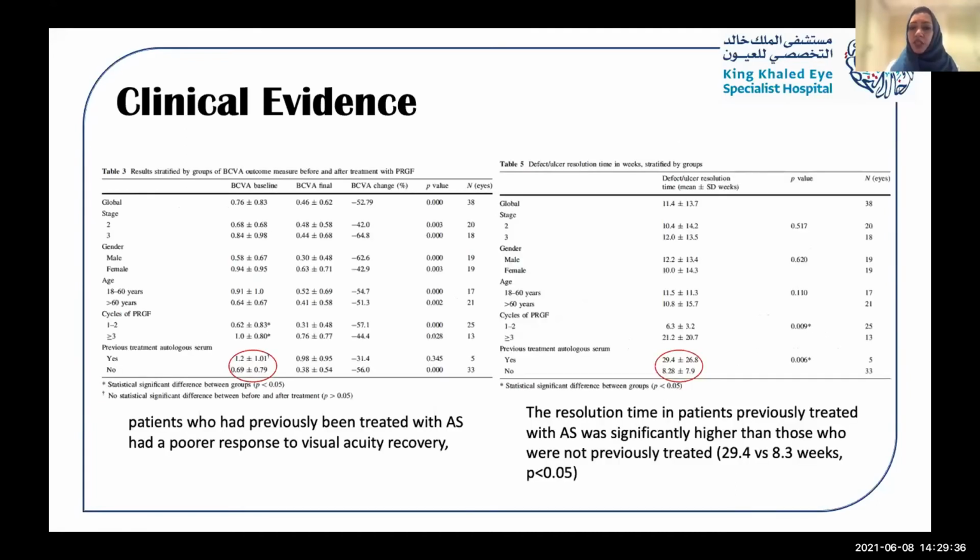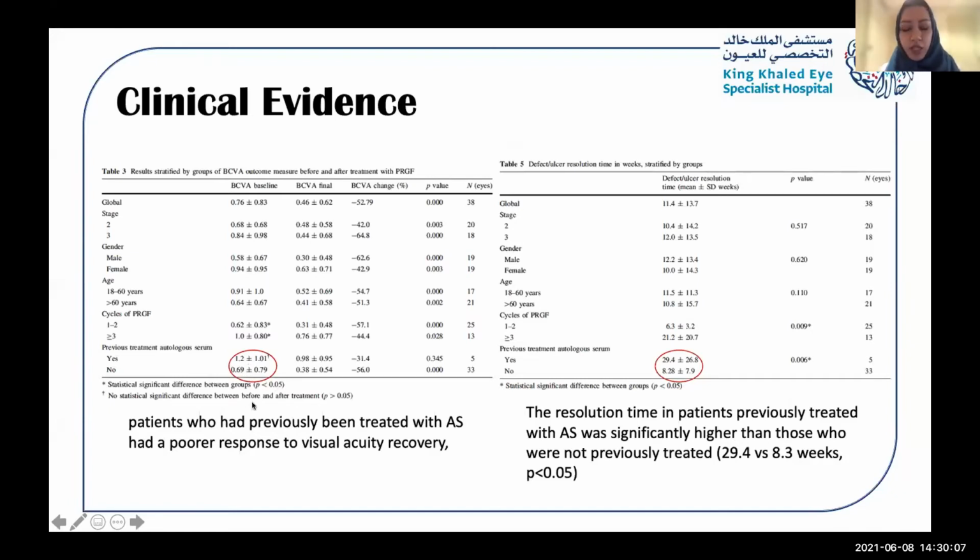The interesting theory here, and this may influence our practice, is that they noticed, like I mentioned, they talked about not just the closure of the wound, but also about the outcome of the visual acuity and also the time required for this defect closure. But they found that patients who were previously treated with autologous serum had poor response in regard to the visual acuity recovery.